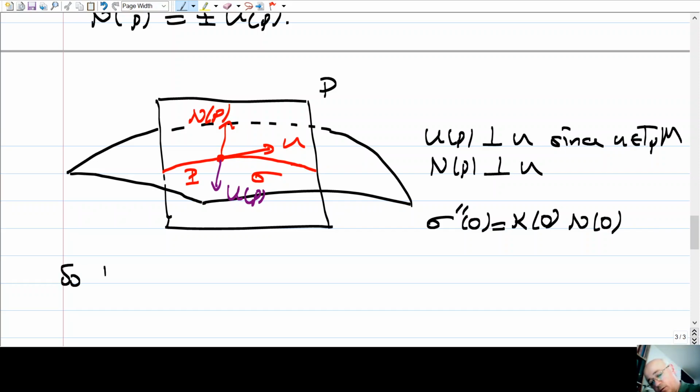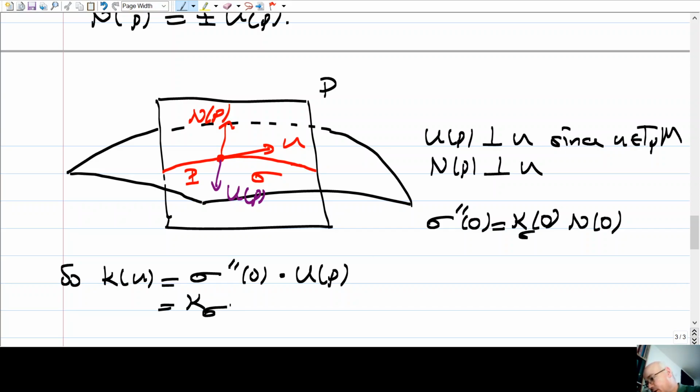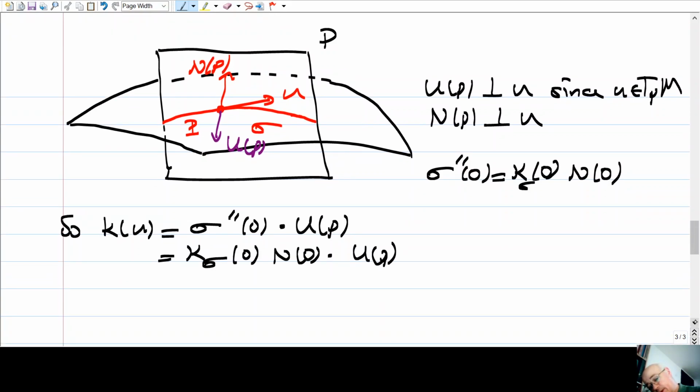So k of u is then this, which is just the curvature of the plane curve sigma times the normal vector dot product with up.